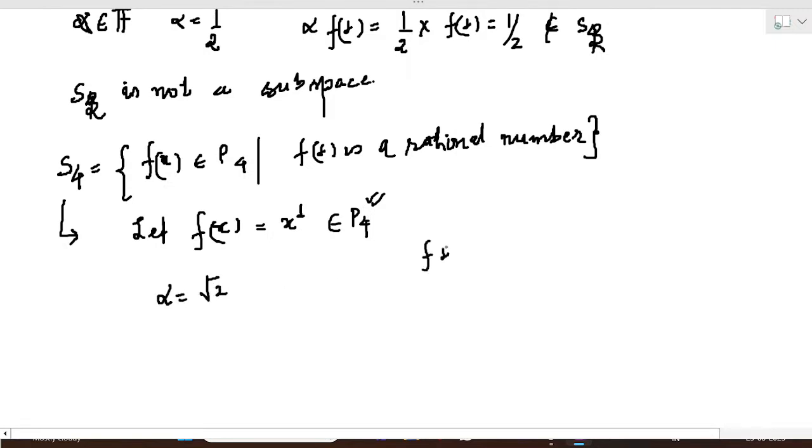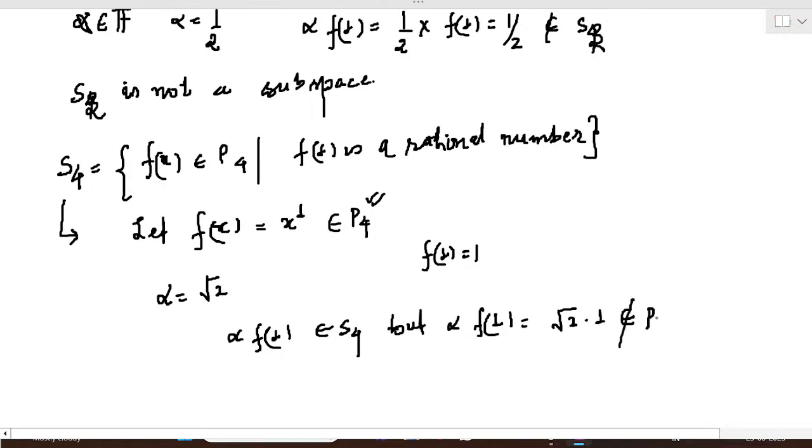And what would be f(1)? f(1) would be simply 1. If f(1) is 1, then alpha f(1) should also belong to S4 in case it is a subspace. But what is alpha f(1)? It is equal to root 2 times 1, and clearly it does not belong to S4. So therefore, S4 is not a subspace.